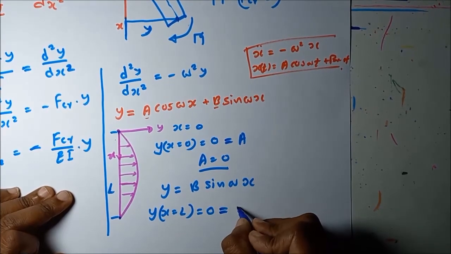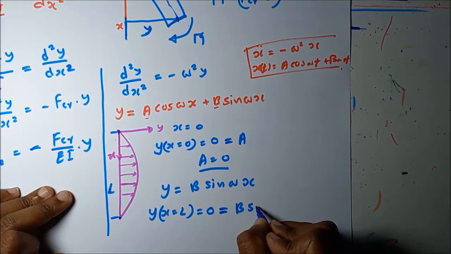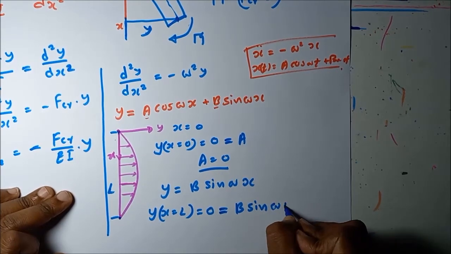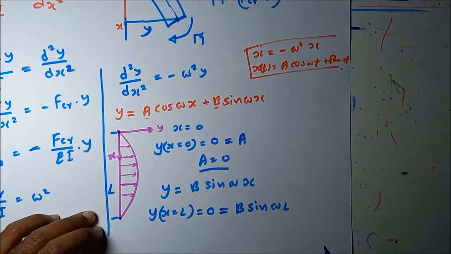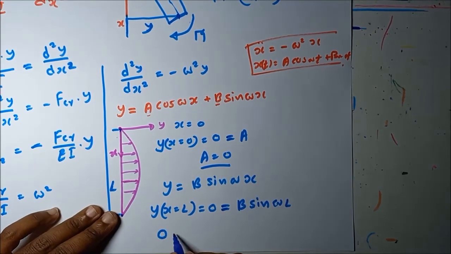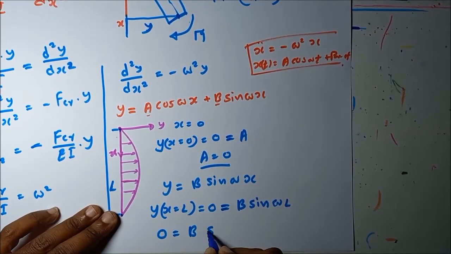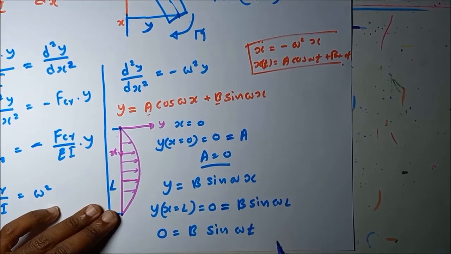So then you can write this equation: 0 is equal to b sin omega L.